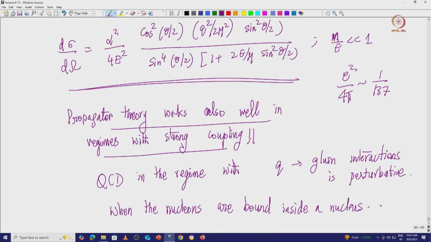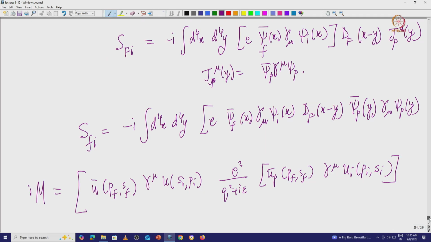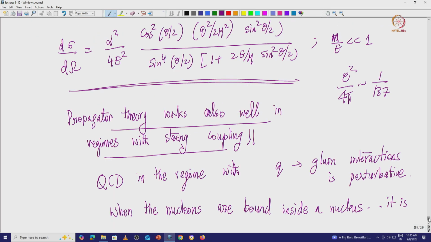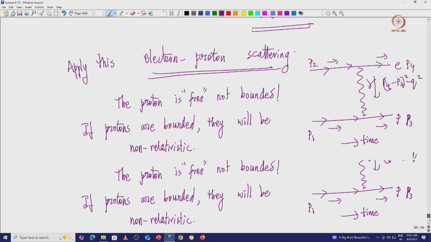The nucleus is glued together by the strongly interacting Yukawa force.